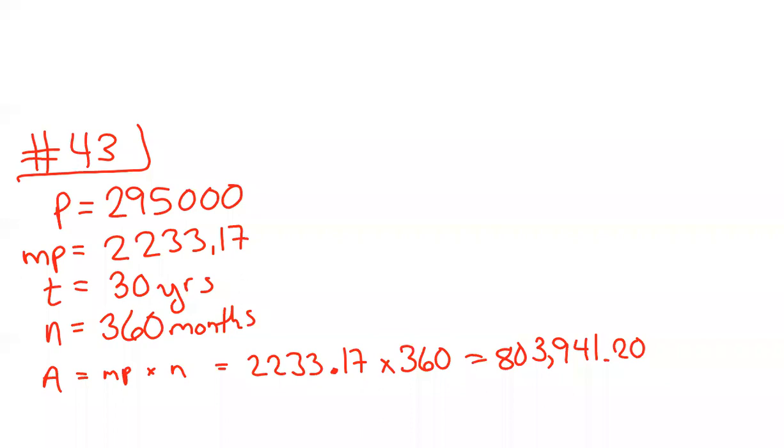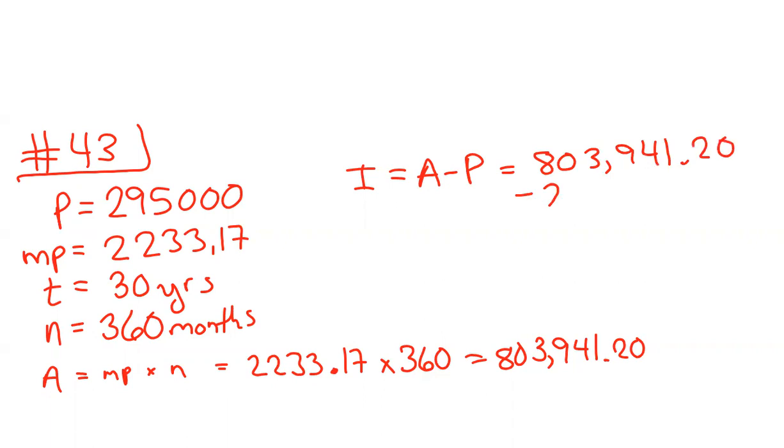That's the future amount, right? So to find I, the interest that we're paying, we're going to take the future amount and subtract from it the purchase price, right? So 803,941.20, take away 295,000. Oh, they're charging us a lot. A terrible amount.